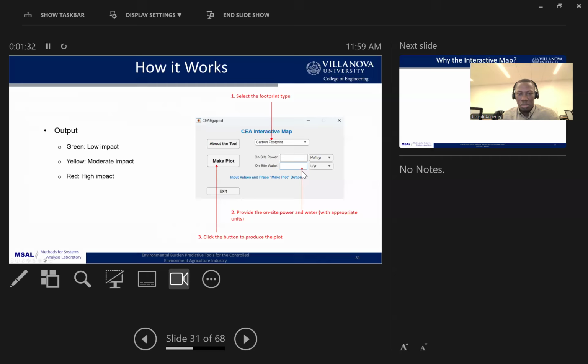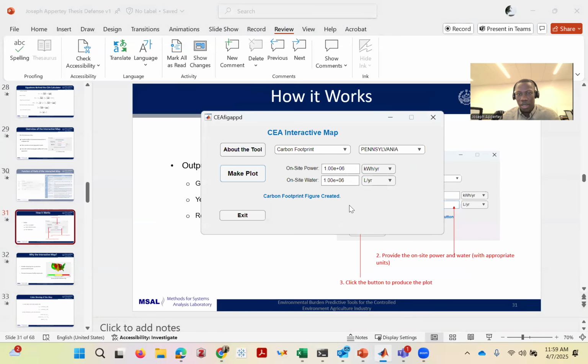And to demonstrate briefly over here, I have my quick calculator already opened. So assuming I want to make a plot for a state like New Mexico, I just click on the drop-down button and then select the type of footprint. Then I click on the state-specific drop-down and select the particular state that I want to make the plot for, and then I input my values, which are the on-site water and the on-site power, and I select the preferred unit choice.